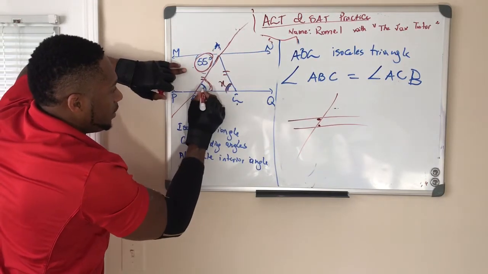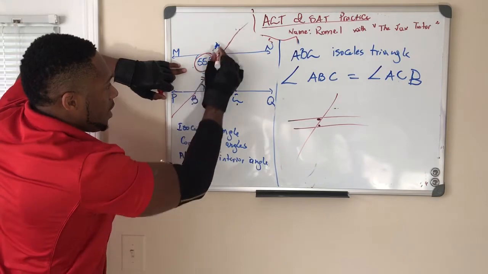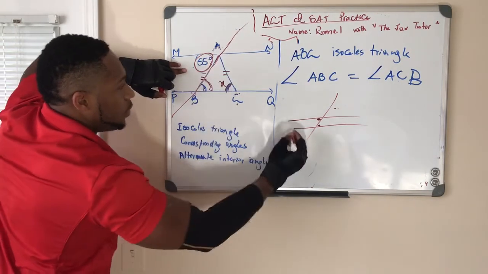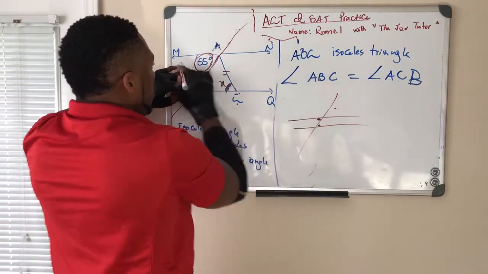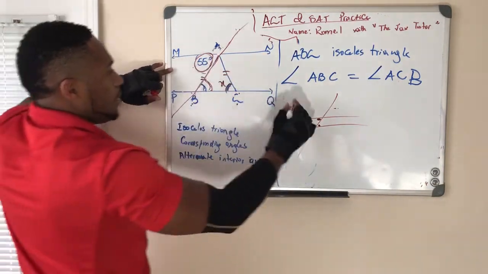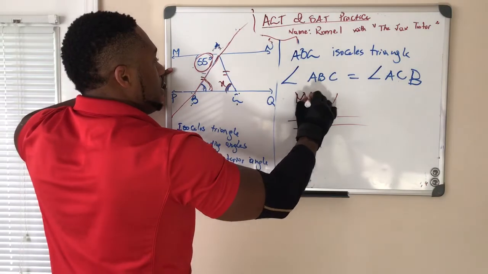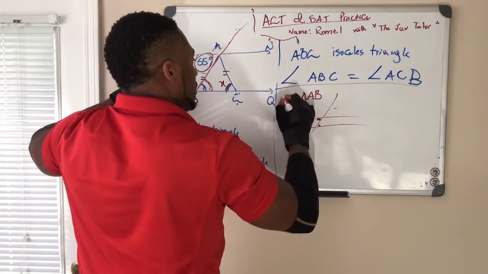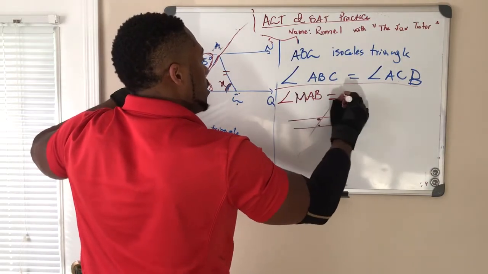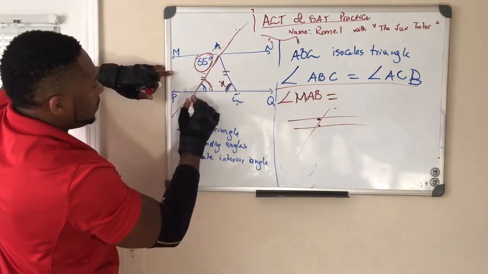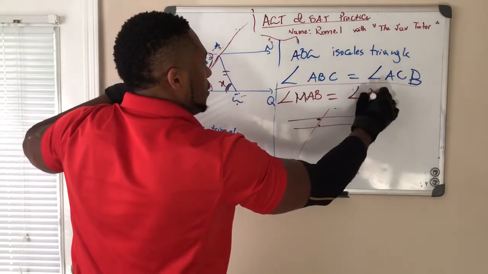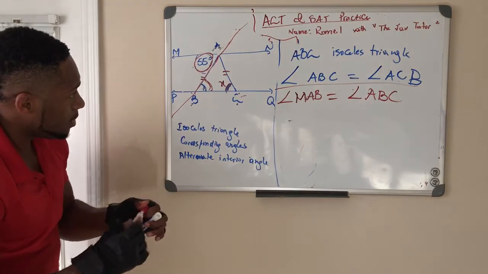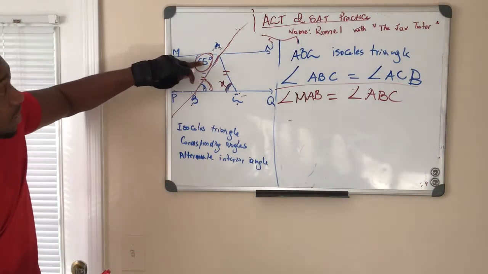So it's equal to this angle; let's call this angle ABC. So angle MAB is equal to angle ABC. That's just a theorem that says alternate interior angles are equal.